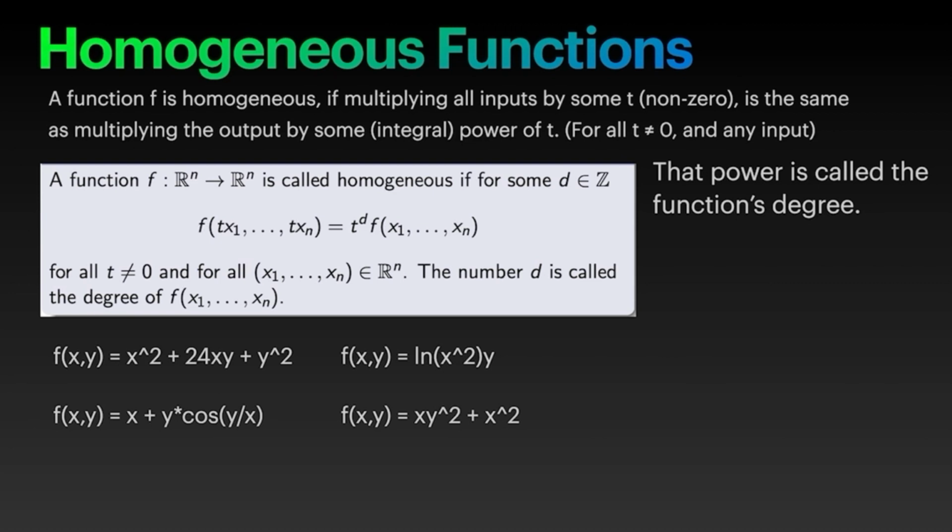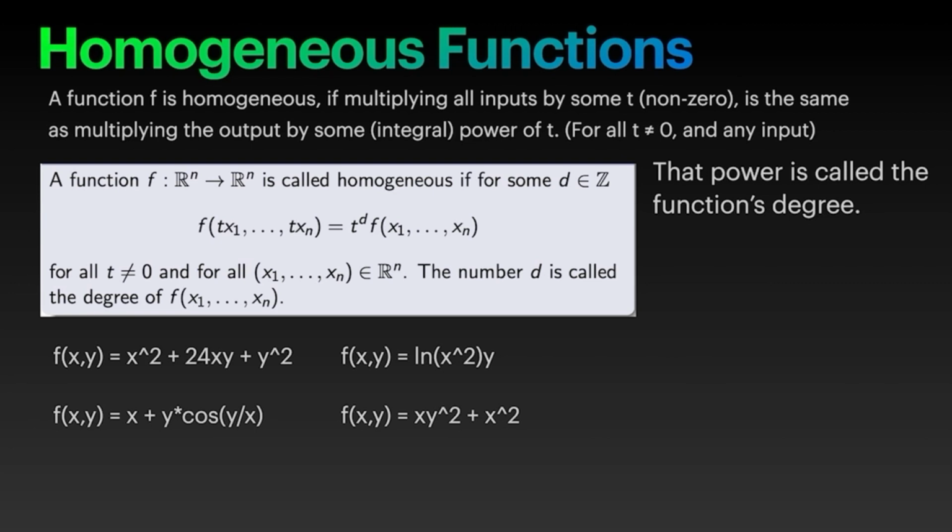So let's take a look at a couple of examples. First up, f of x and y equals x squared plus 24xy plus y squared. Just substitute tx and ty instead of x and y, and you get (tx) whole squared plus 24 into tx into ty plus (ty) whole squared.